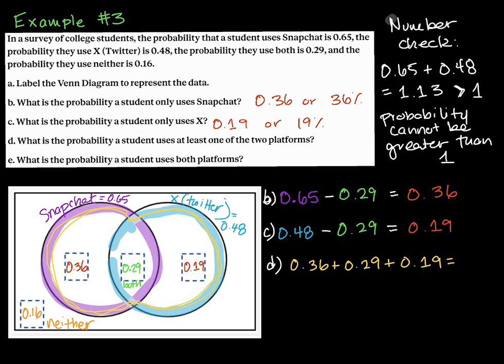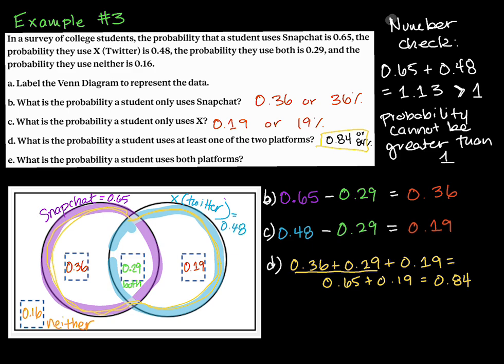I already know the first two equal 0.65, plus 0.19, and when I add those together, I get 0.84, or 84%.